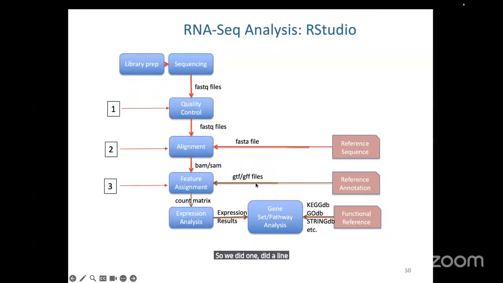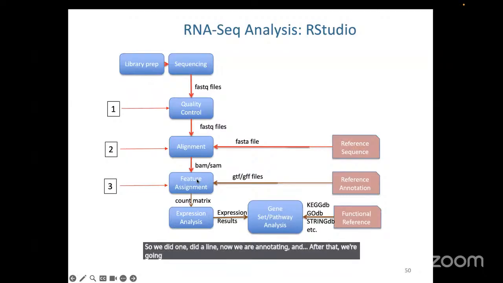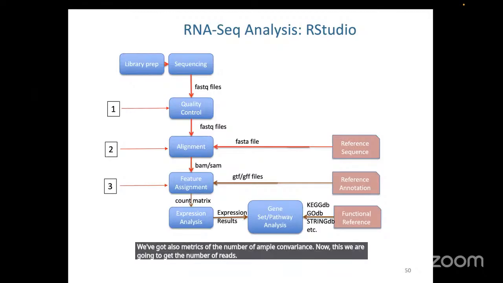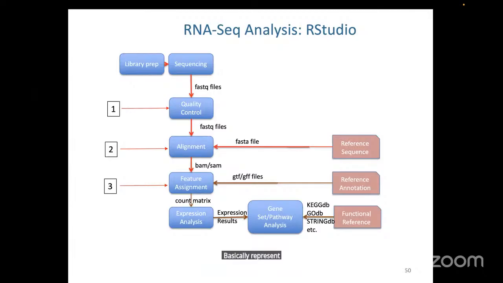Now we are annotating, and after that, we're going to get our count matrix. It's like when we did metagenomics, we got a matrix of the number of amplicon variants. Now we're going to get the number of reads, basically representing those RNA-seq that were expressed. So this is the part here.